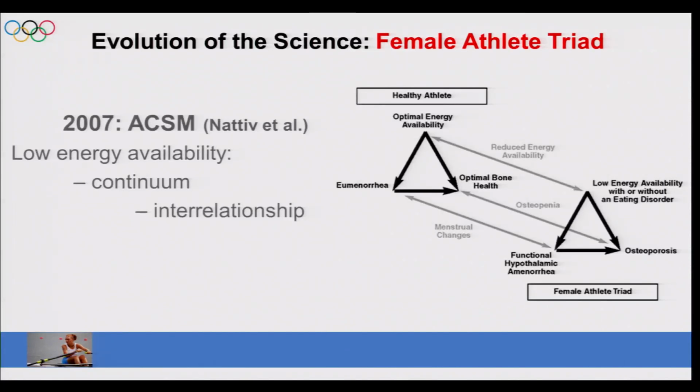The main change was really the concept of continuation over time, where the energy availability, the bone health, and the menstrual changes shift over time. You can see with the arrows the interconnectivity in this concept. So this was a fairly big change in the concept that occurred in 2007.